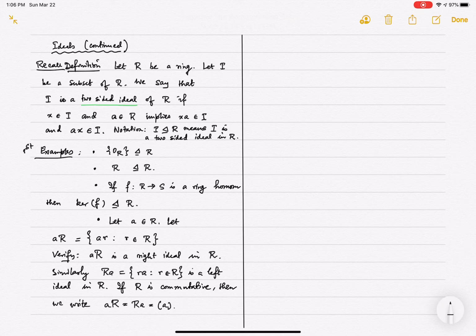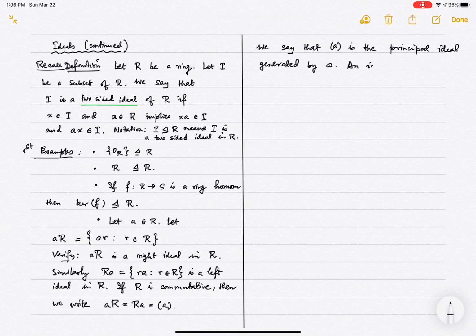And this ideal is called the principal ideal generated by a. We say that (a) is the principal ideal generated by a.